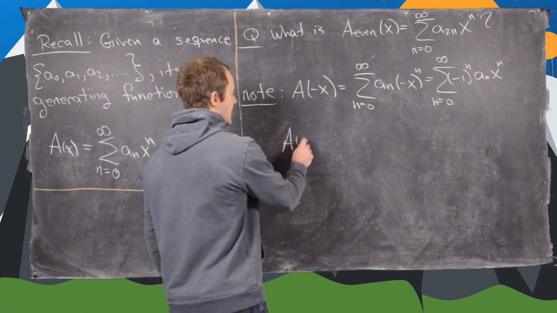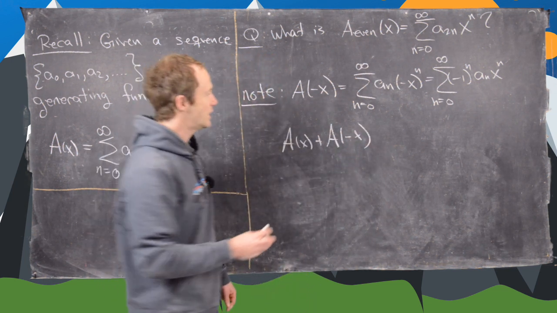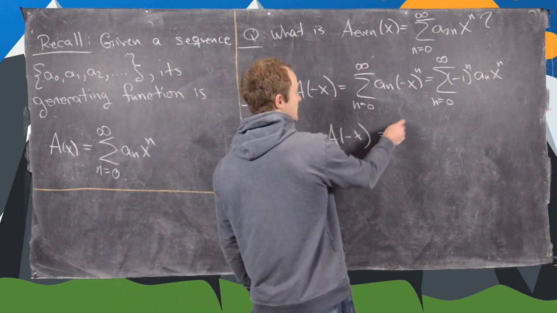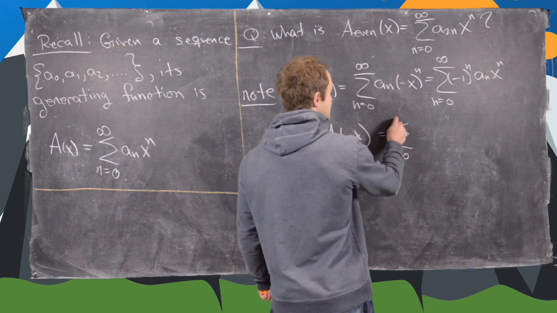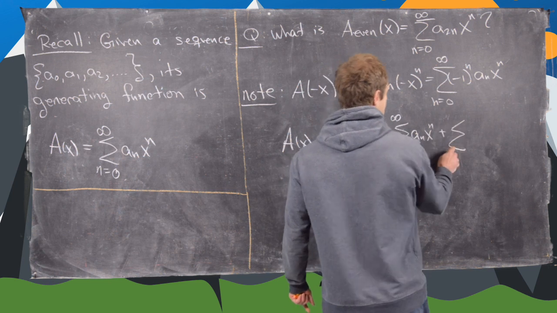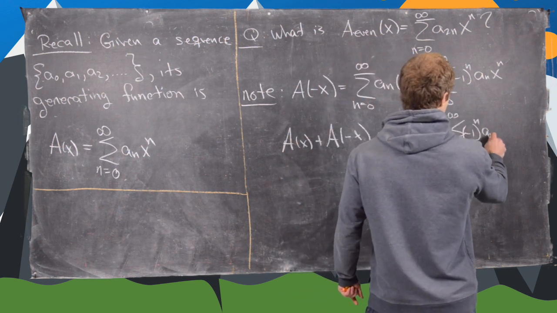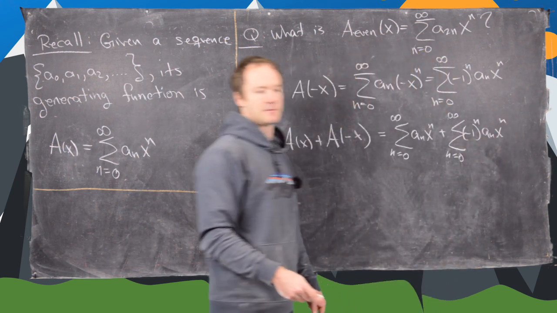So if we take A(x) plus A(-x), we can put these together. So this is going to be the sum n equals 0 to infinity of a_n x^n plus the sum n equals 0 to infinity of (-1)^n a_n x^n.